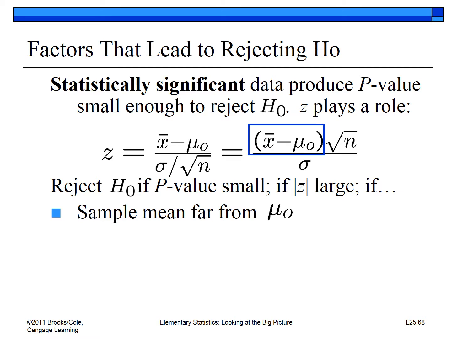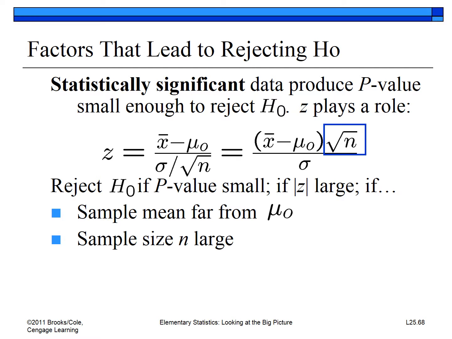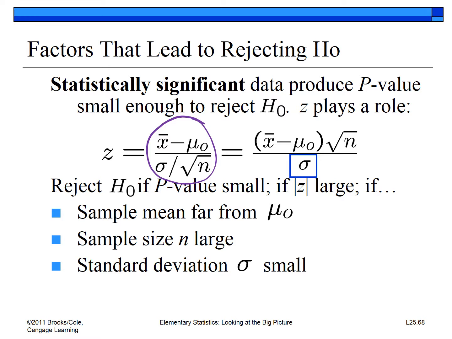That can also happen if n is big, because that square root of n ends up in the numerator once you simplify this fraction over here on the left. We also make z bigger if we make sigma smaller. So if sigma is small, that will help us reject the null hypothesis.